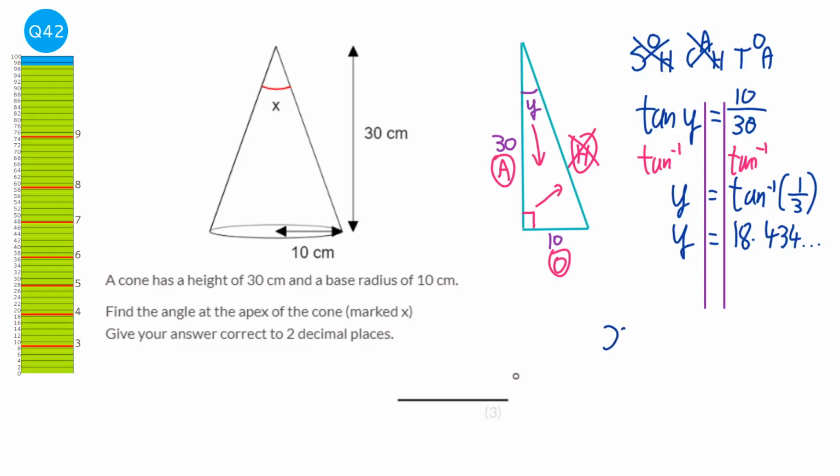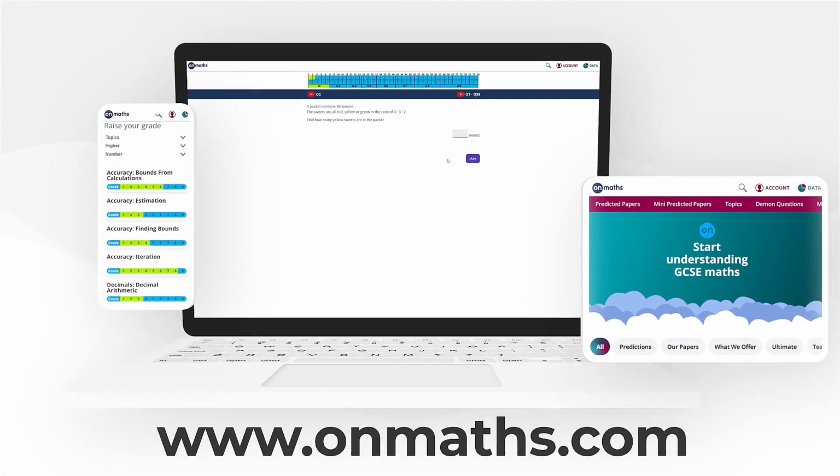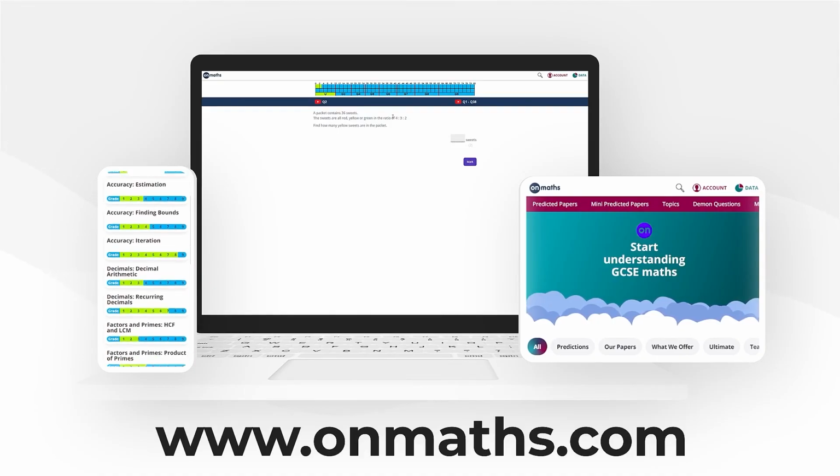So x is going to be 2 times y, so that's going to be 2 times the 18.434 and so on, and so that is going to be 36.869 etc. And it says it wants it to correct 2 decimal places, so that's going to be 36.87 degrees.